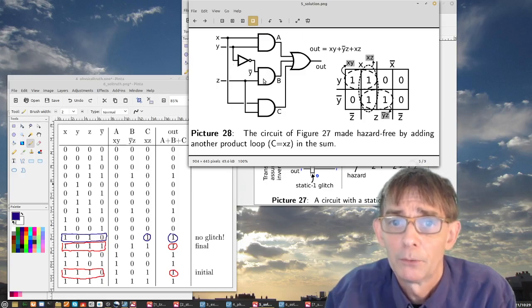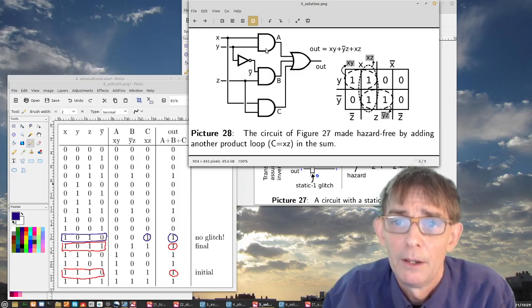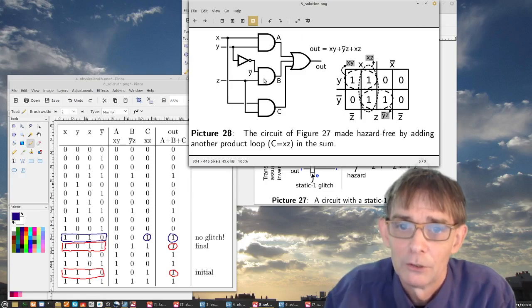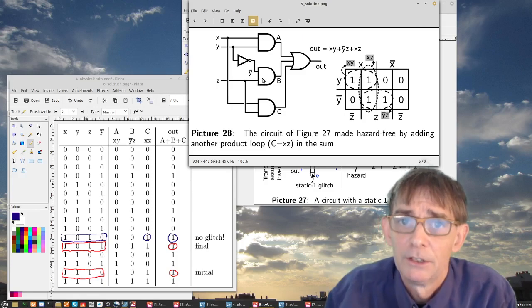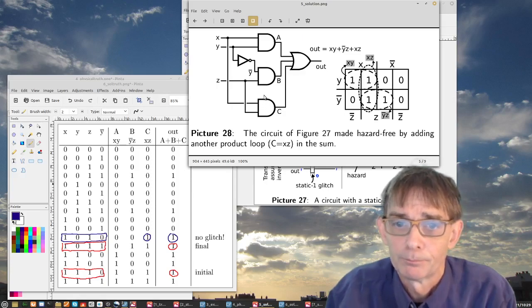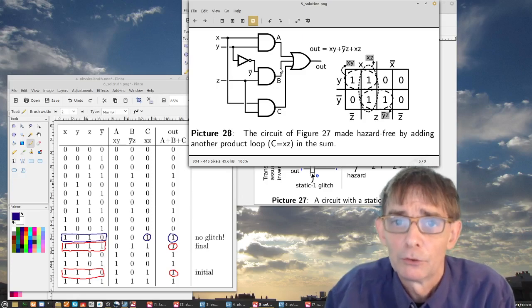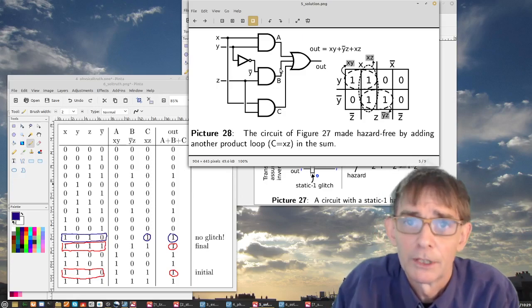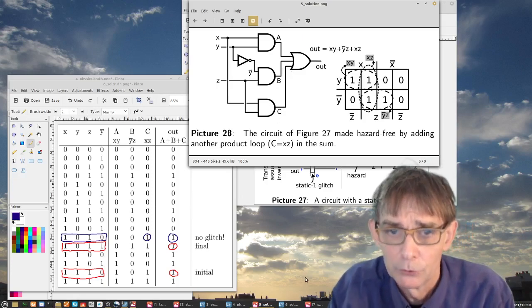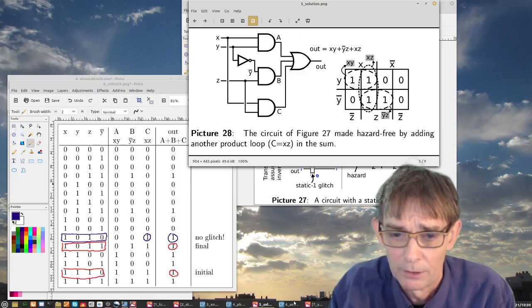This delay can also be caused by B being slower than A. And of course, this solution that removes the problem with the delay caused by an inverter will also eliminate problems of different AND gates, slower and faster AND gates. You will just have to think yourself how that can be true, but I think that is quite logical.